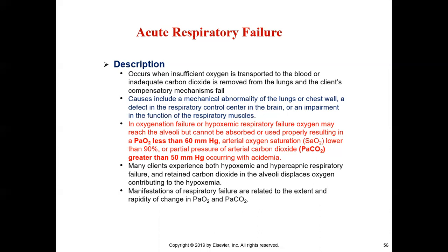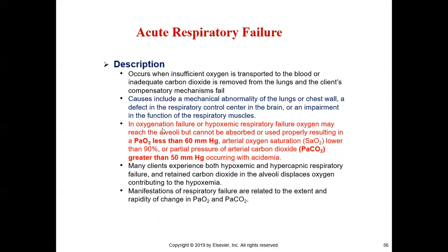If there is any pathology in the brain stem or respiratory center, the patient has a chance to develop acute respiratory failure, or if the function of a major respiratory muscle like the diaphragm is impaired.